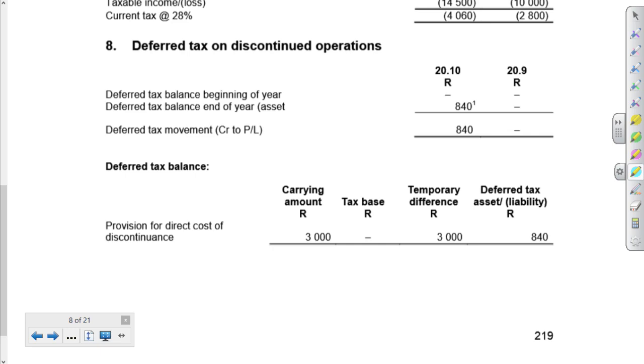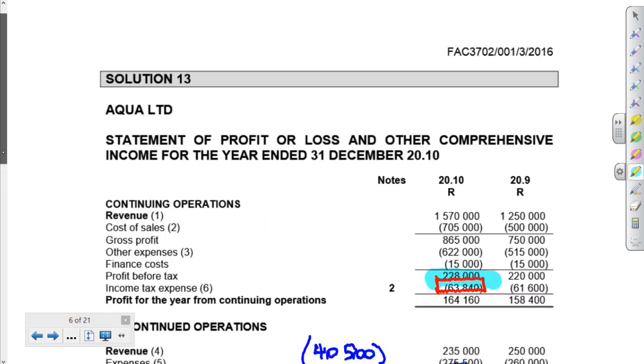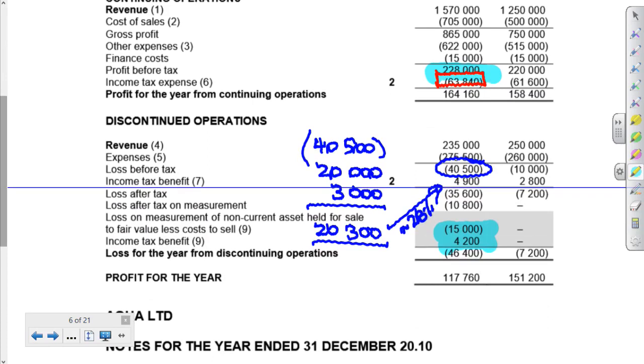But remember, if you're being asked only to do the P&L, which is normally what you're asked to do, you're going to do the quickest possible tax calc that you can. And you're going to do one which says current and deferred tax together should be the profit before tax times 28%, except if there are any permanent differences, exempt items, non-deductible items, and those I would adjust.